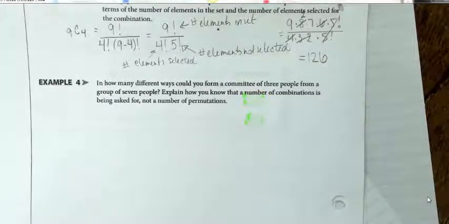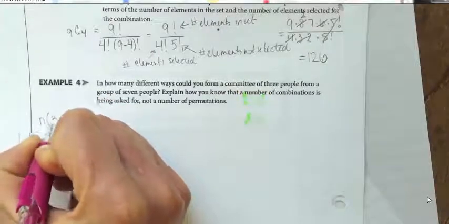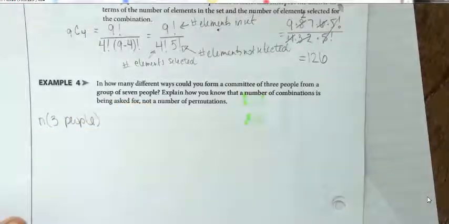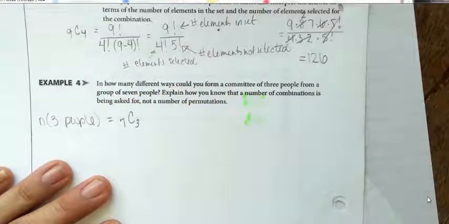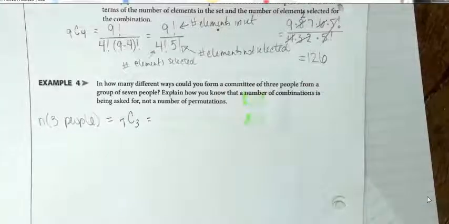I want to choose 3 of those people. So, the number of ways that I can choose 3 people is basically the same as saying 7C3. Okay, let's go ahead and we'll get that number and then we'll do the explanation in a few minutes.